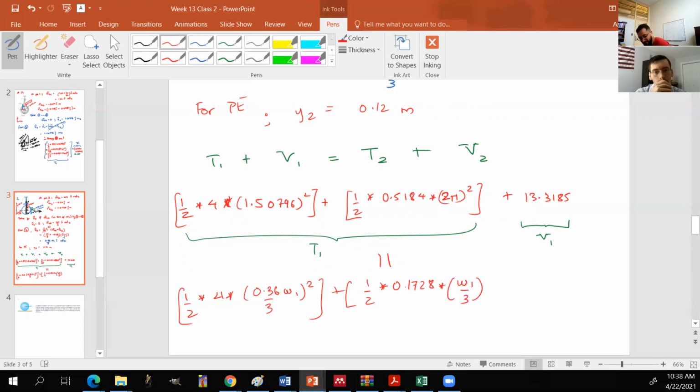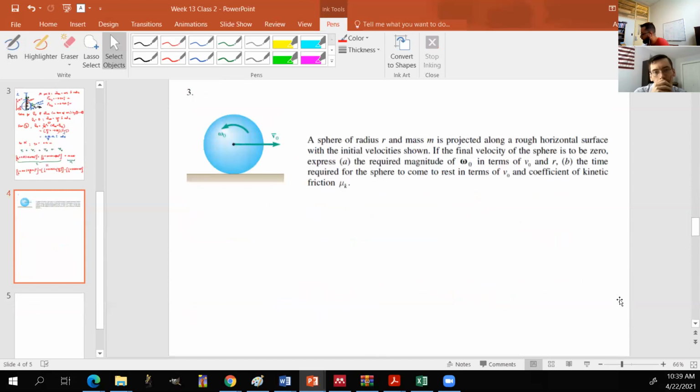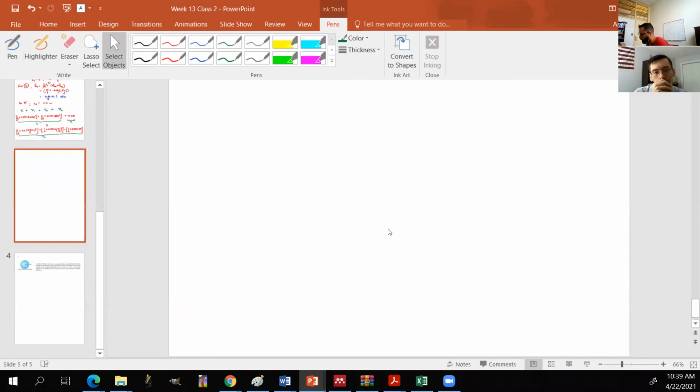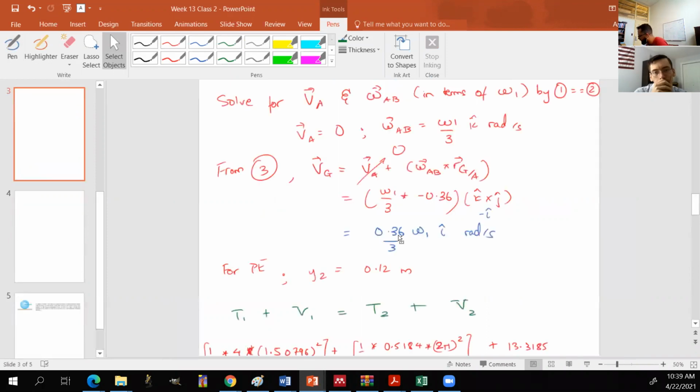Remember, omega 1 is omega BC, squared. Plus now you have your I omega squared term for the flywheel, so 1/2 times the rotational moment of inertia, which was 0.5184, times omega 1 squared. So this whole mess here is equal to T2. One second, guys, just want to make some more space.